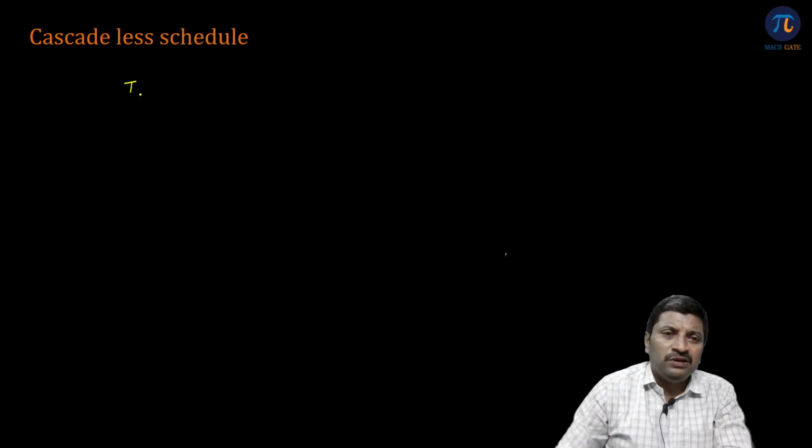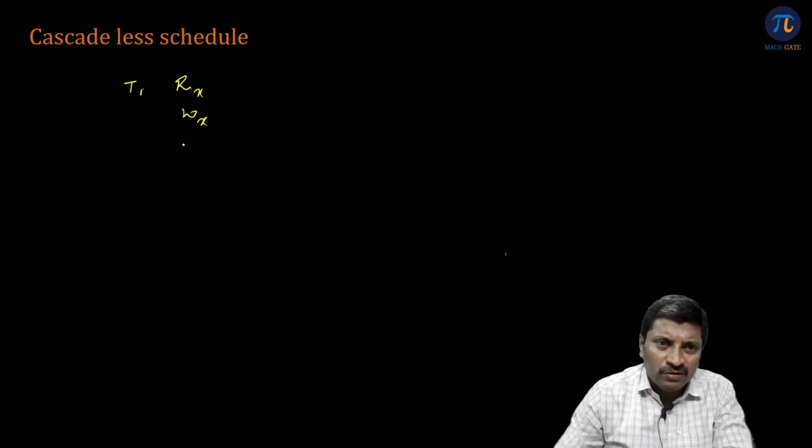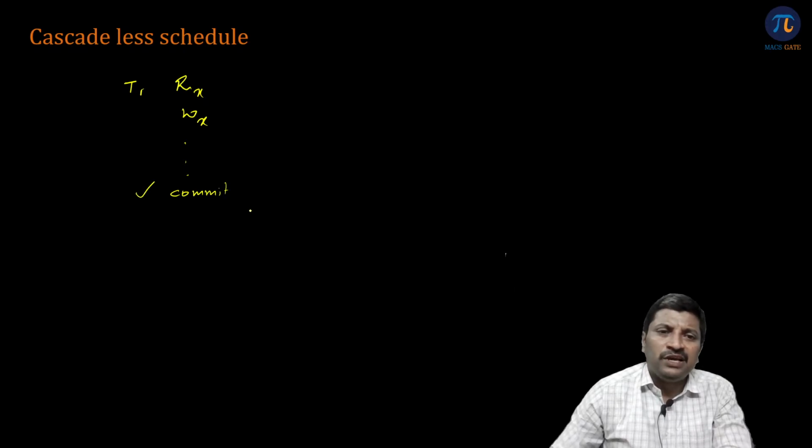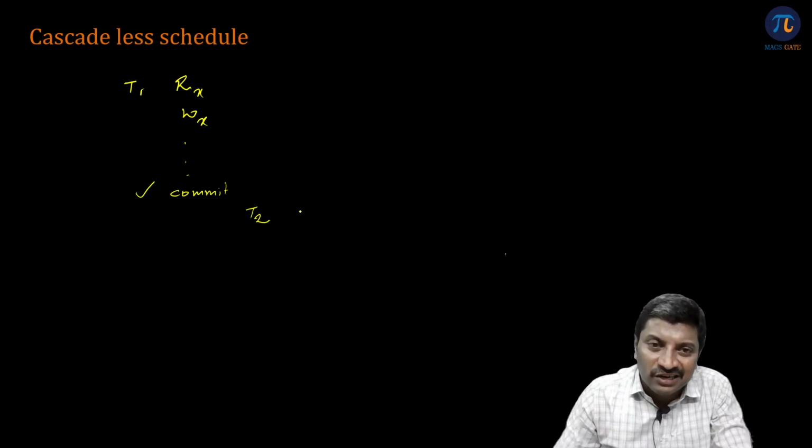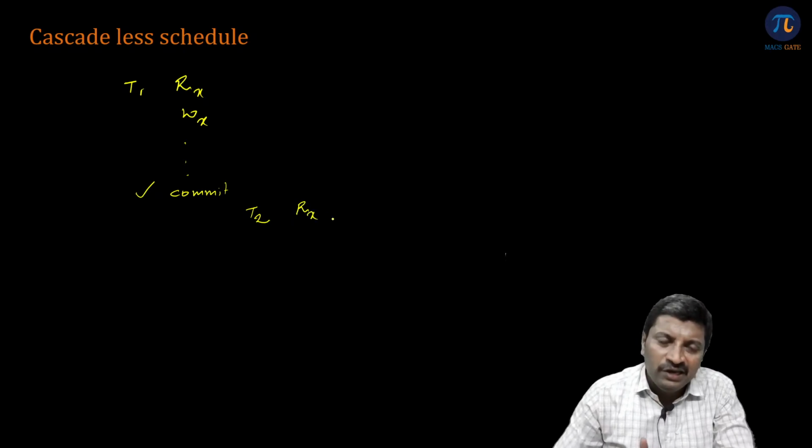That means T1 reads, writes, then T2 doesn't start. T1 should commit, that means he needs to make a tick mark. Then my T2 will start, because now he got a clarity, a confirmation from T1 that he did it correctly.